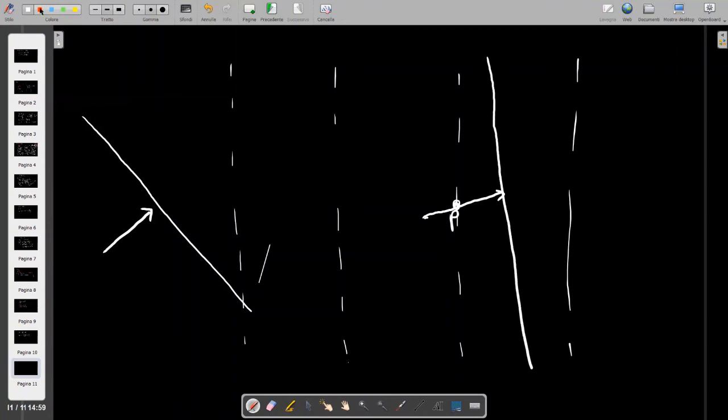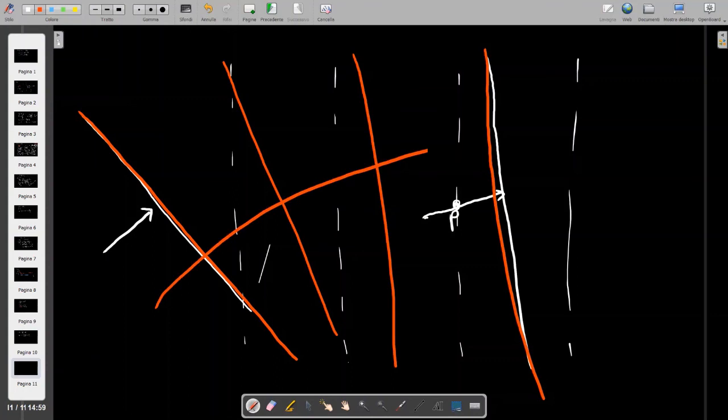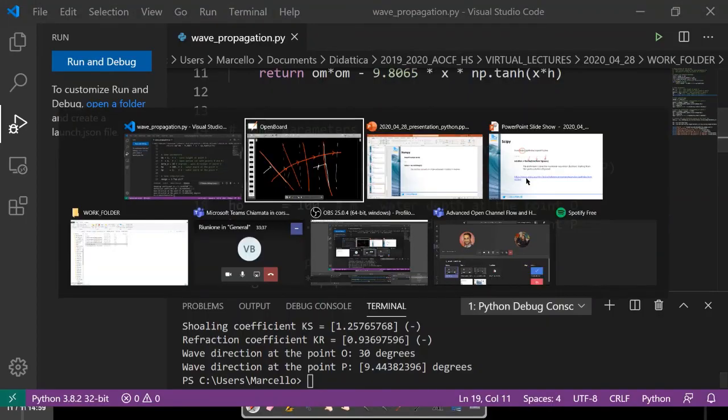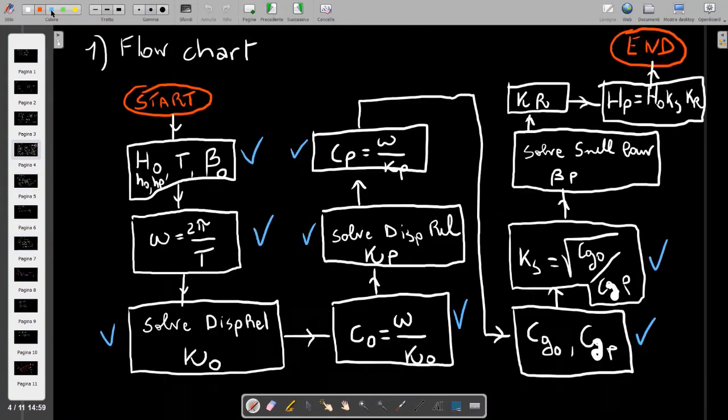Then the wave crest is something like that here, and here is more close to the direction of the bathymetric lines. So during the propagation, the waves tend to become, as you can see, parallel to the bathymetric line. So here we have done this one.